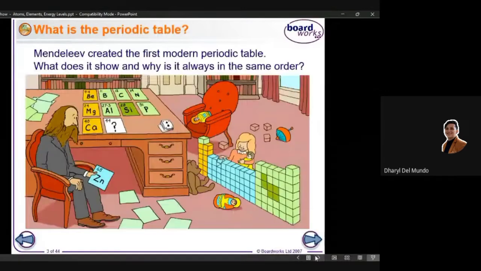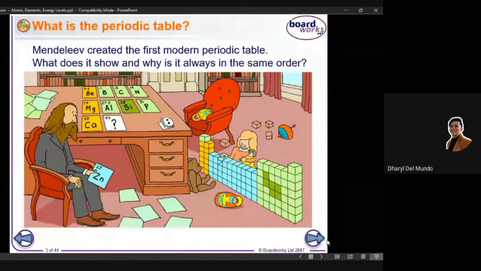All right, and of course, today, as you can see, this picture talks about how Mendeleev created the first modern periodic table, where Mendeleev was the first one who put everything in place, those elements in a table. So, as you can see here, there's a question: what does it show, and why is it always in the same order?